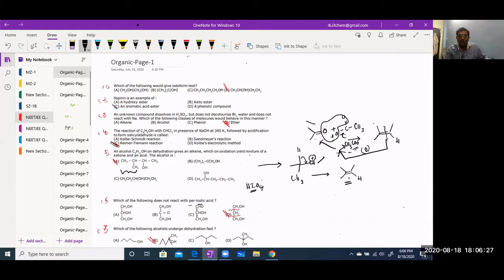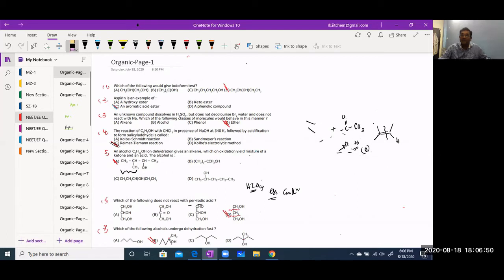So which of the following does not react with periodic acid? Because the essential condition for this is going to be, what's the essential condition? First of all, we will go through this. The compound must be a vicinal diol.